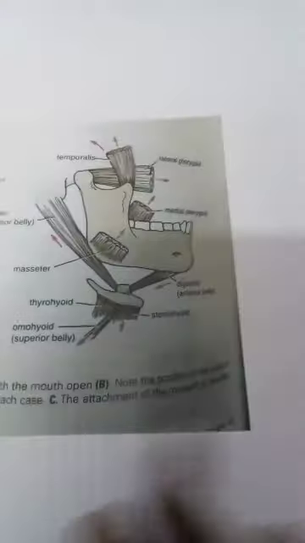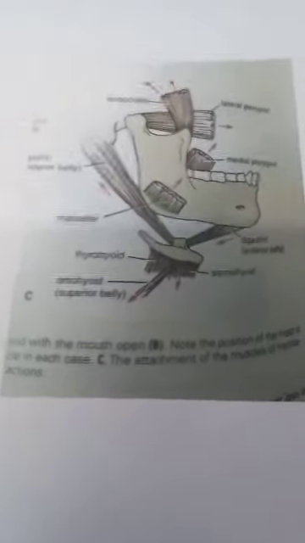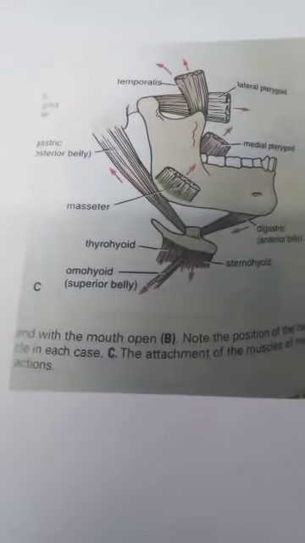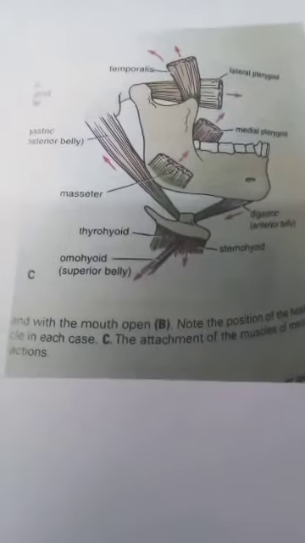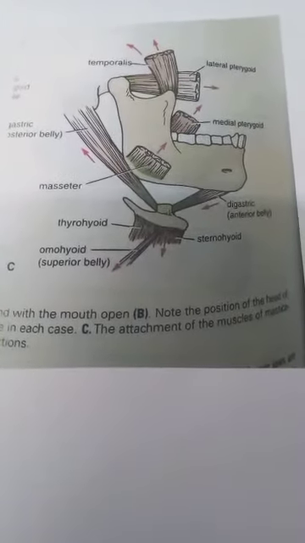Now we will learn about the movement of the temporomandibular joint. Movements permitted at the temporomandibular joint are protrusion and retraction, which take place in the upper temporomeniscal joint.